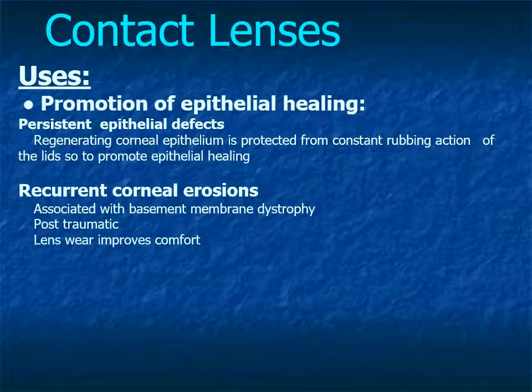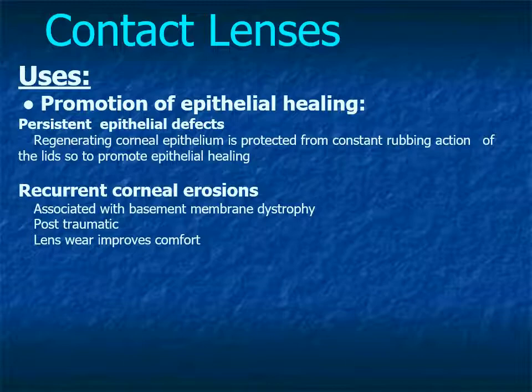We can use the contact lens to promote epithelial healing. In case of persistent epithelial defects, we can put the contact lenses on the cornea so that regenerating corneal epithelium is protected from constant rubbing action of the lids. So it promotes epithelial healing.